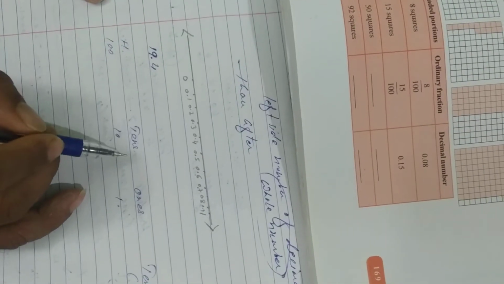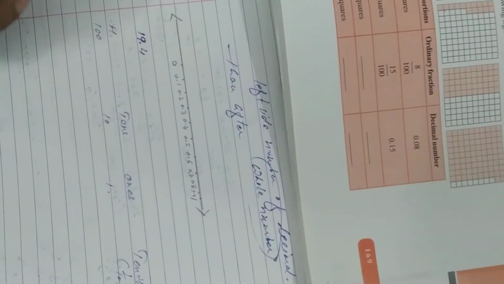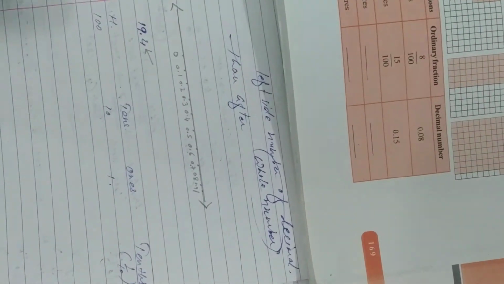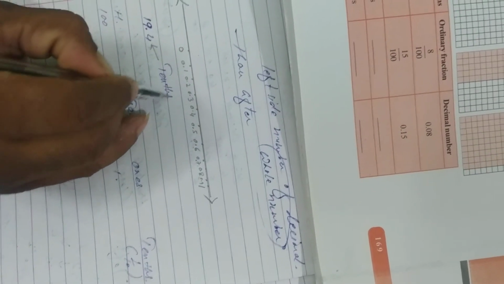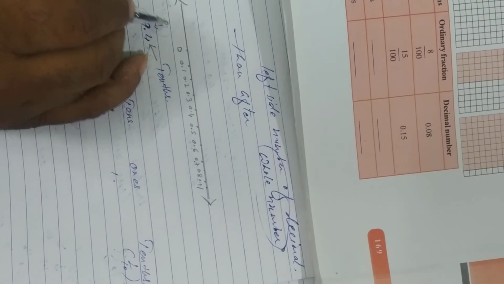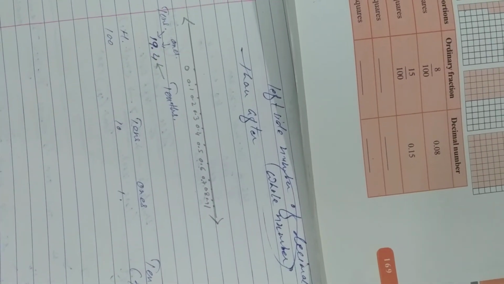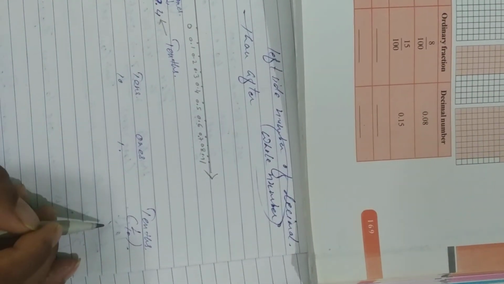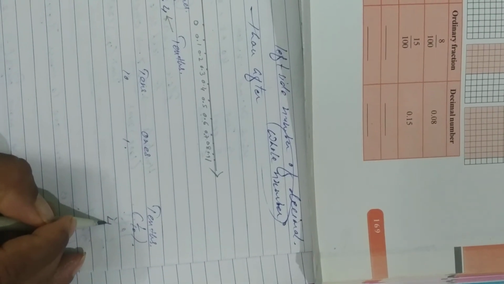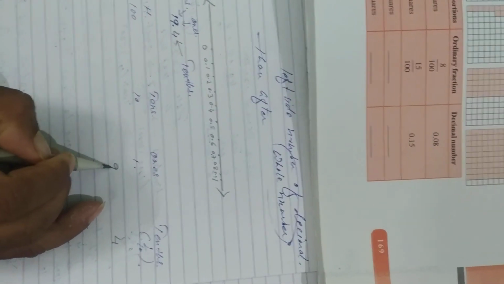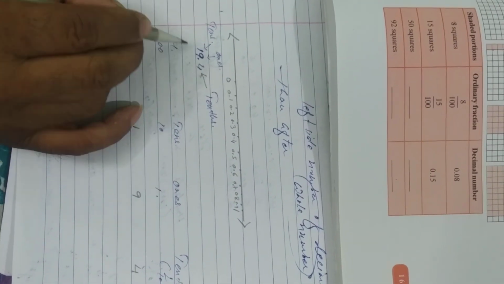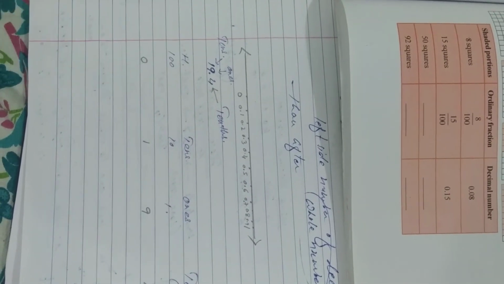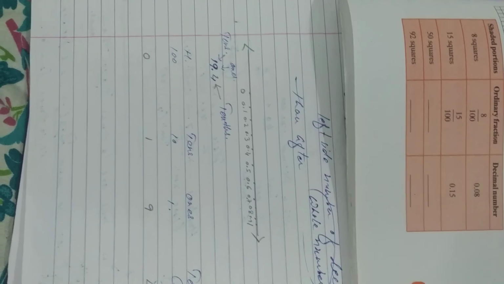So 19.4. If you observe the given number, 4 is representing what? Tenths. 9 is representing ones, and 1 is representing tens, right? So suppose we'll start from here, tenths, so 4, ones, so 9, tens, so 1, and there is no hundred, so what we have to put for it? 0. Got it? Now see the next one.